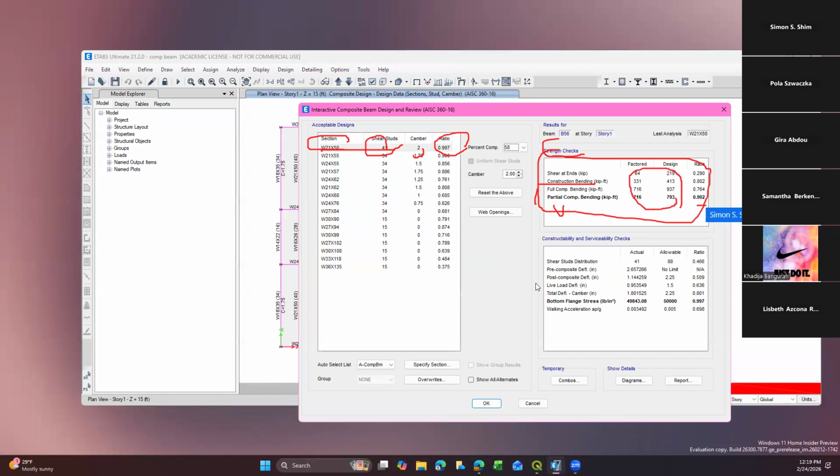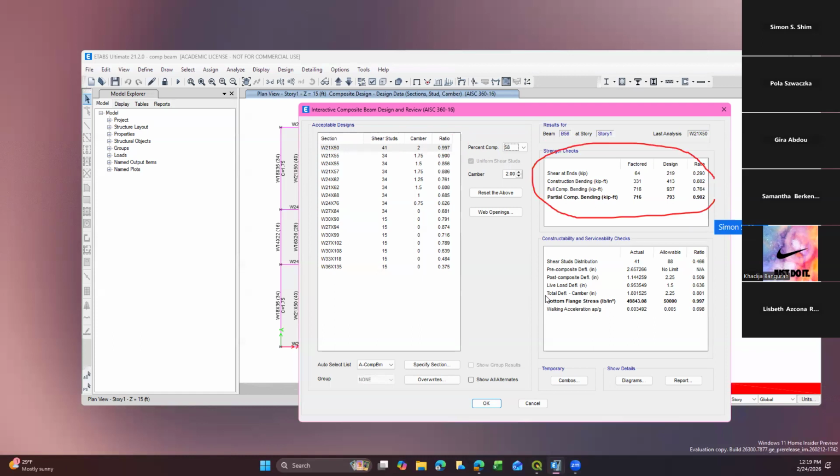The maximum stress ratio from the strength standpoint is 0.9, but here it shows 0.997 because this one is the highest ratio among the strength check and deflection check.